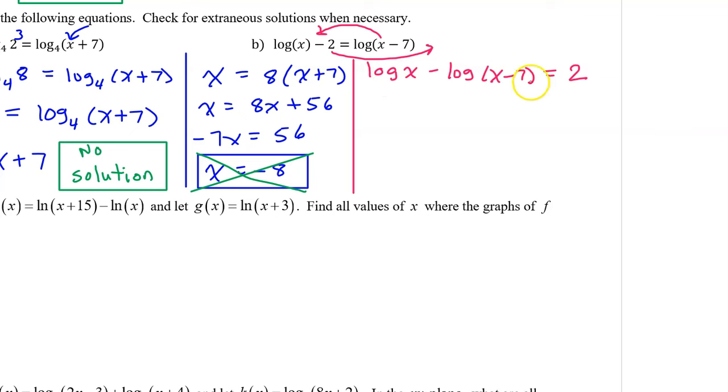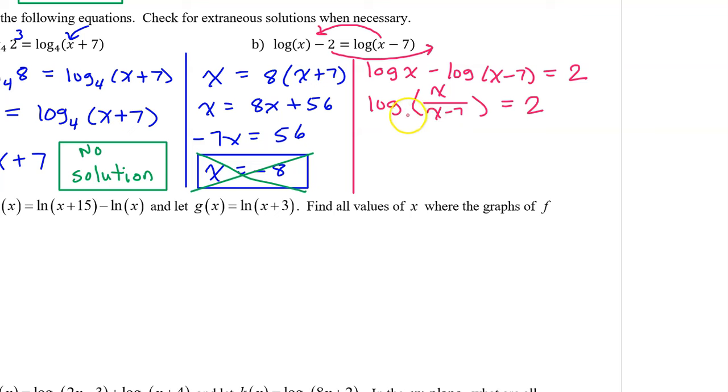We know that the difference of two logs can be written as the single log of a quotient. So we will have the log of x over x minus 7 is equal to 2. Since this is a single log involved in this equation, we can exponentiate both sides to solve this.